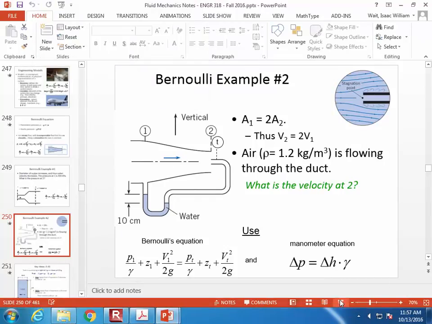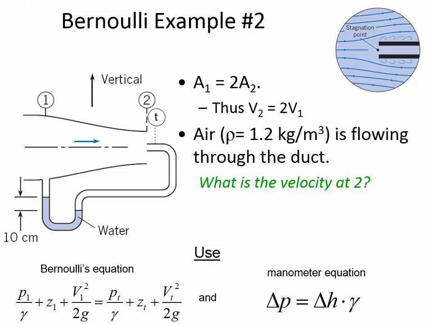Okay, I thought of one more thing I wanted to tell you about in this problem. Let's say that we're applying this at location 1 on the center line, and location T is also on the center line. Assume that the pressure doesn't change very much as you go down from, for example, here at 1, which is on the center line, to the water surface.